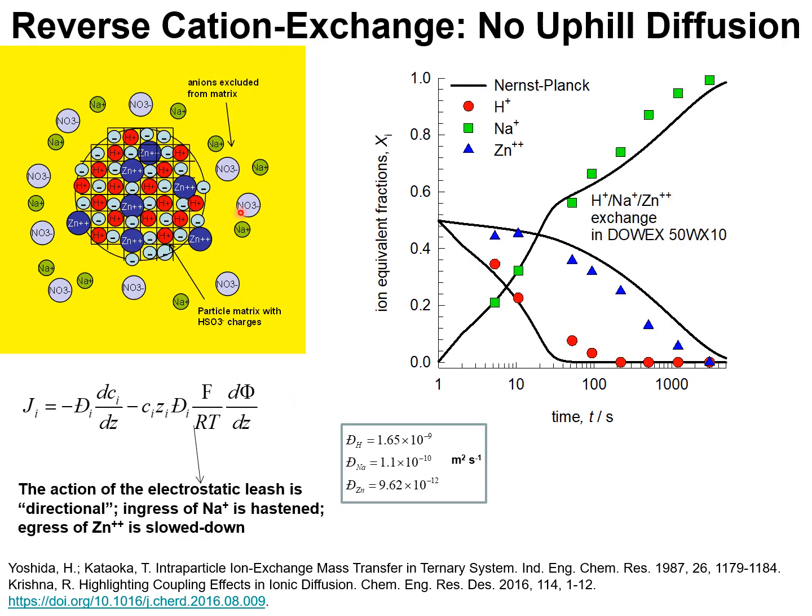In a different set of experiments reported by Yoshida and Kataoka, the cation exchange particle is initially loaded with H+ and the Zn2+ cations, and the surrounding bulk liquid mixture is a solution of sodium nitrate.